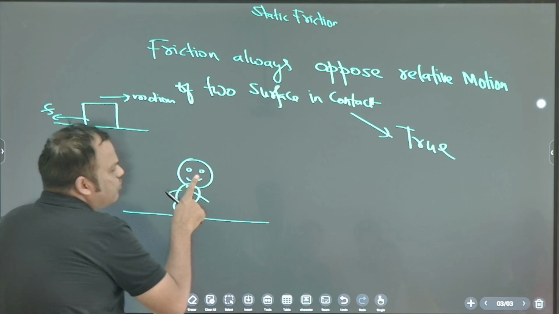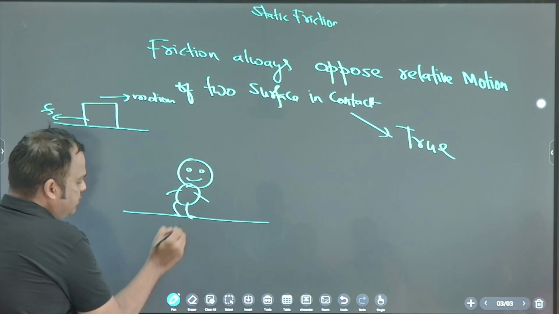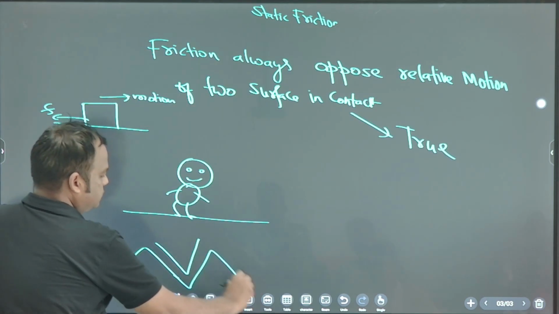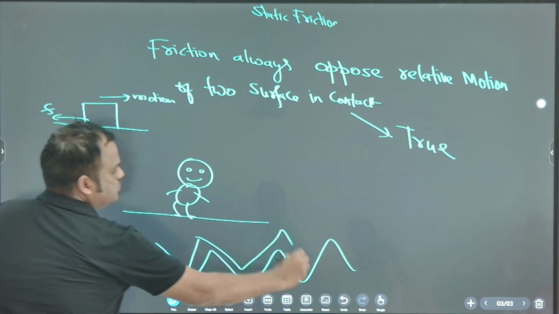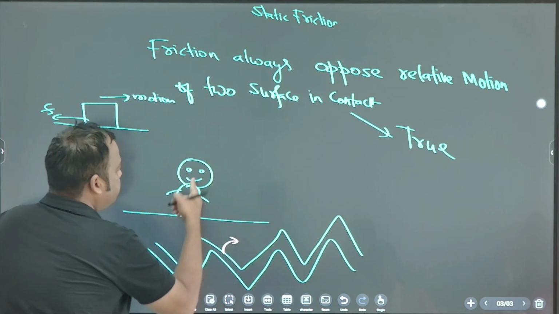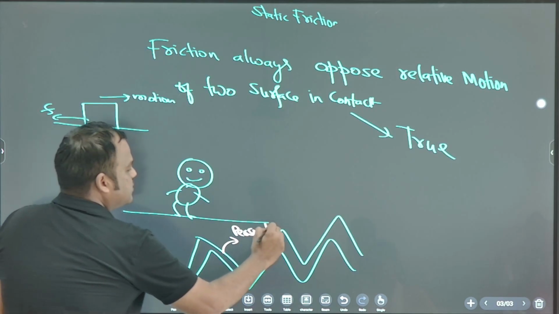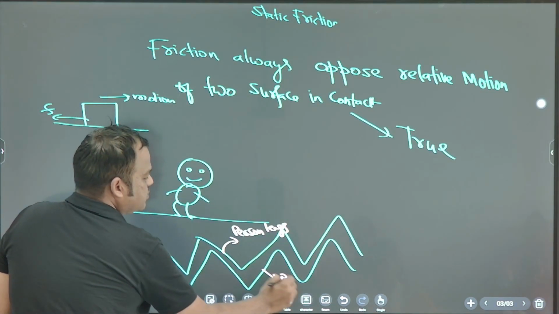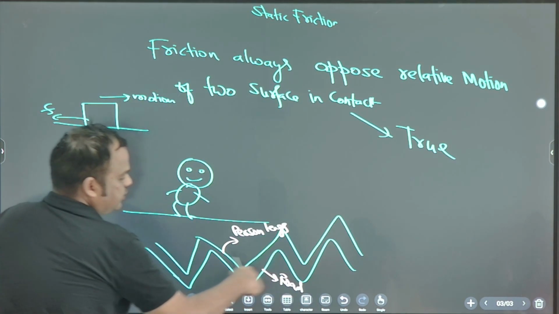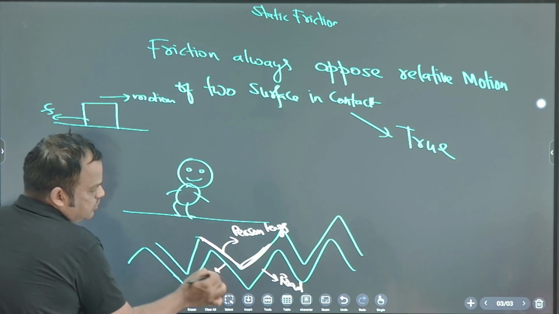So suppose this person wants to go right side. So what will this person do? You know hills and valleys. This is the surface of the person's legs, and this is the surface of the road. So the person's surface valley will push the hill.